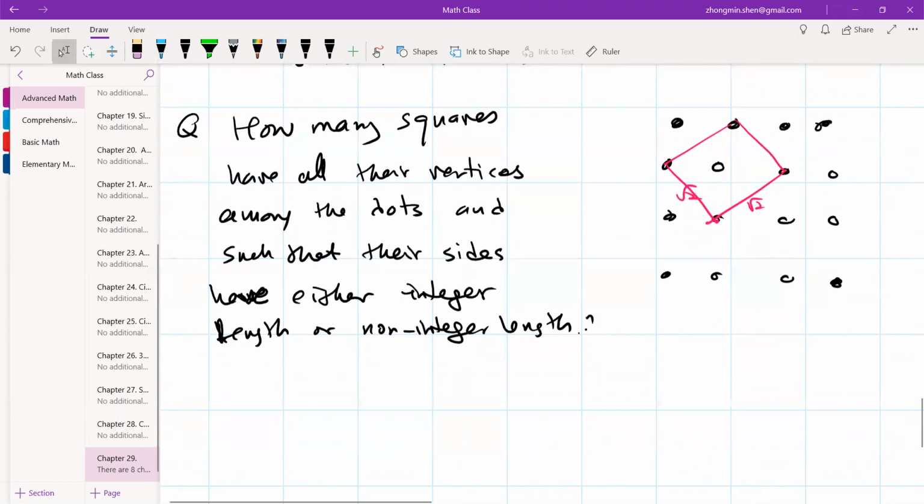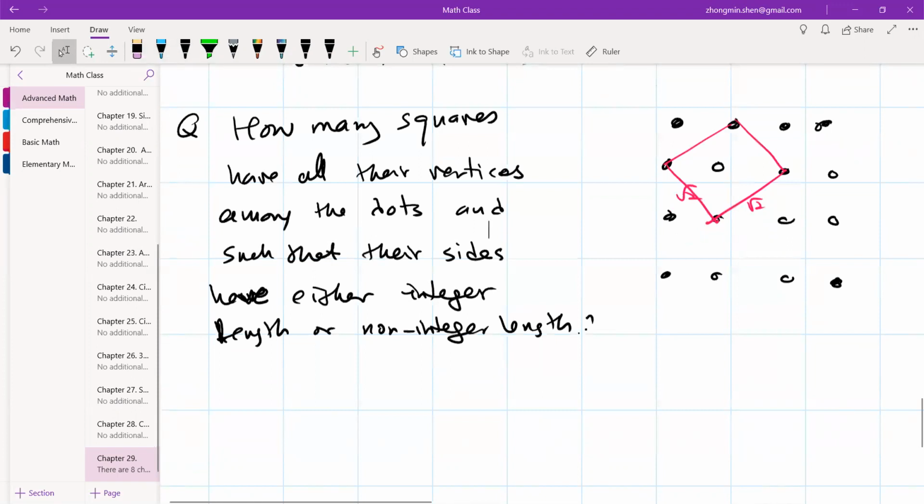Okay. So we need to first of all count the horizontal squares, right? Those that are horizontal squares. Then you know how many squares you're going to get, right? So different sizes.